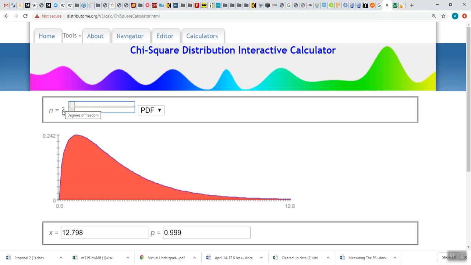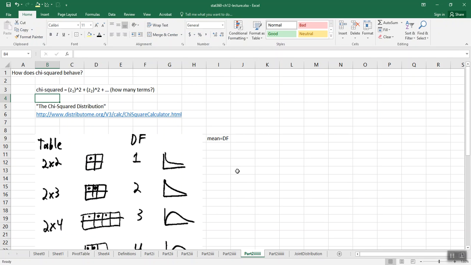This parameter is called the degrees of freedom, which sounds like something we were doing with the t-distribution back in chapters 9, 10, and 11. And it's related, but not in a way that we really want to handle here in Math360, Stat360. So what degrees of freedom do we want to use?